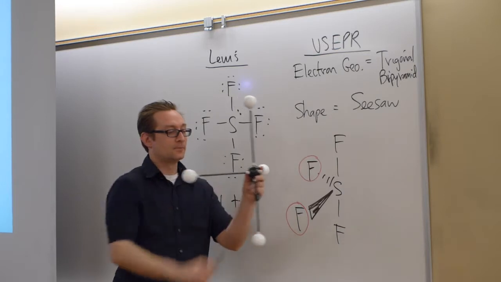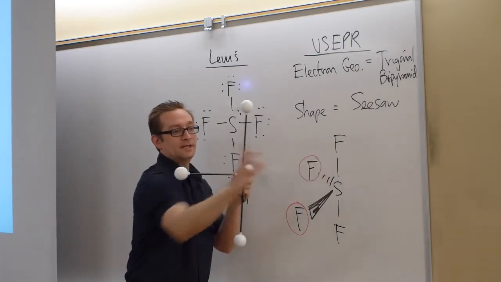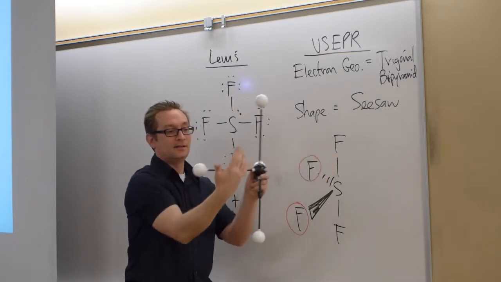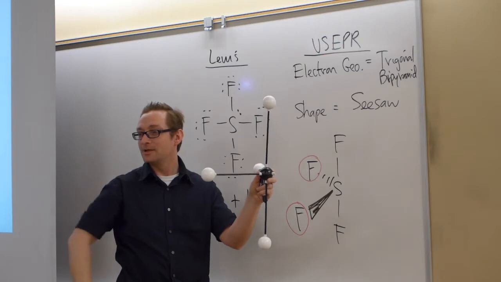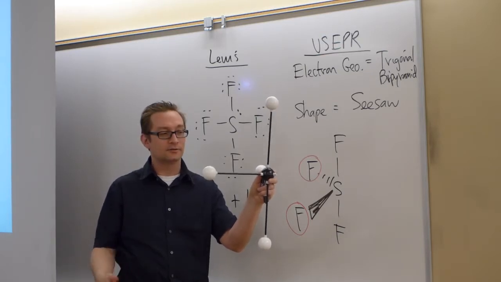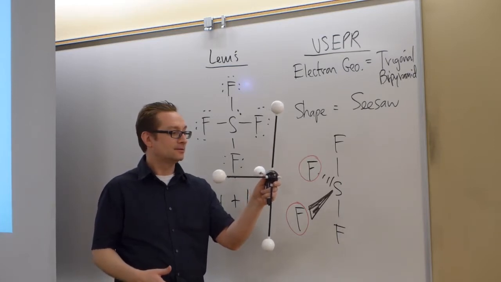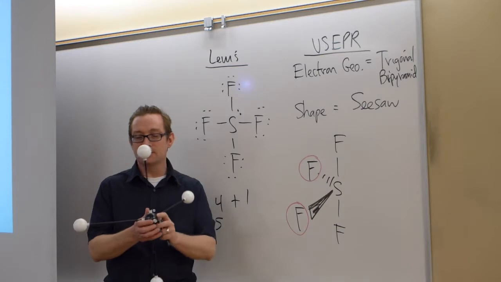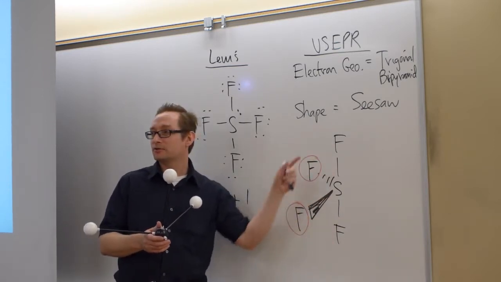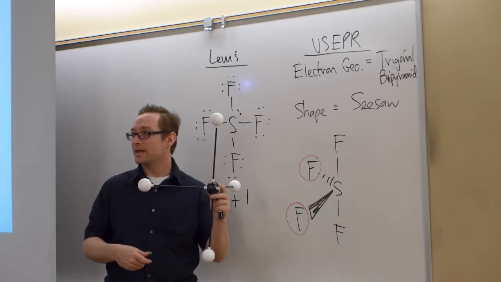Okay, so now there's a lone pair here, taking up all this space, and it's repelling these bonds more this way. Of all the electron groups, lone pairs take up the most space. So do you need to memorize this structure? No. You just need to memorize the generic trigonal bipyramid and then take off lone pairs accordingly, based on that rule.